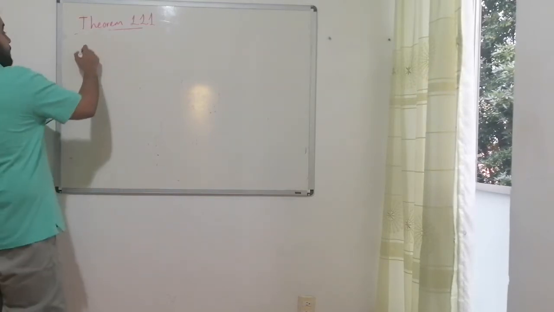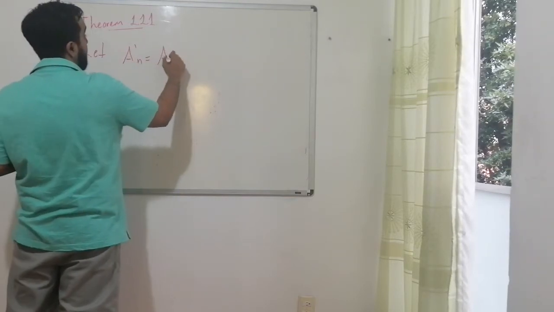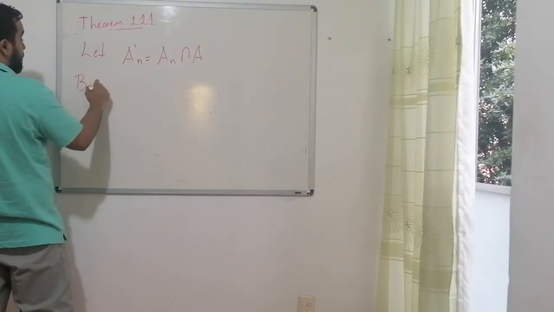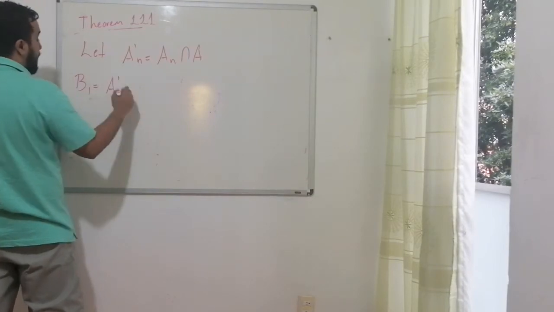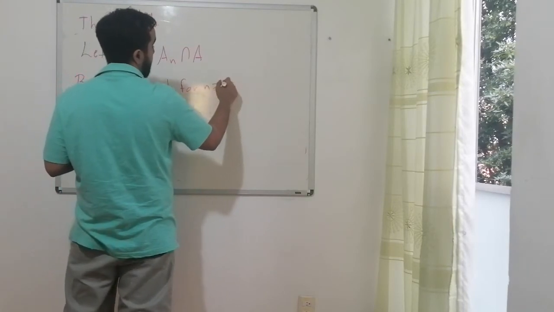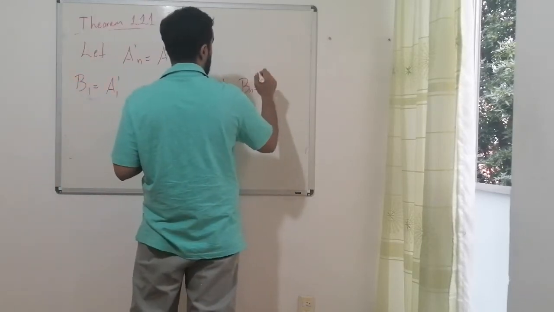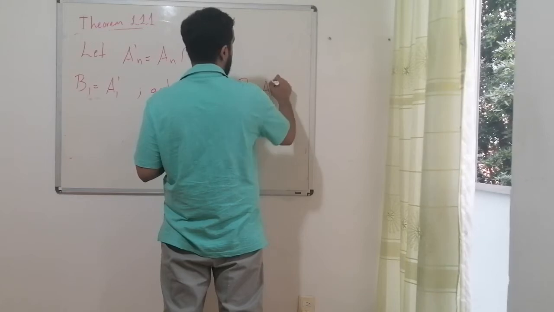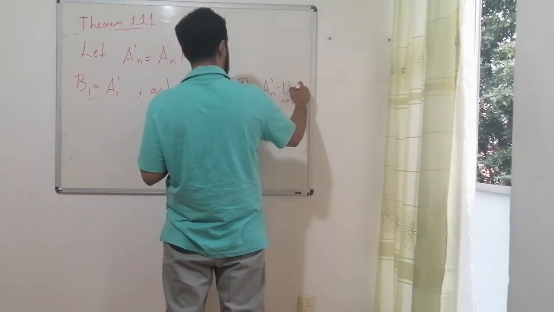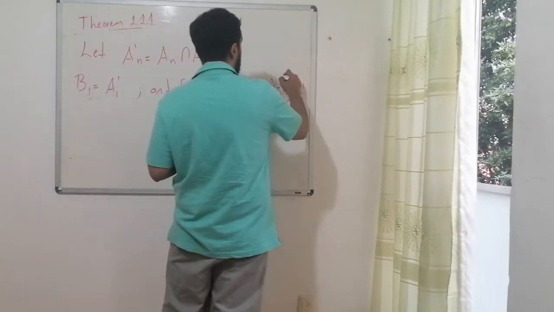For the second consequence, let A prime m equal to A_m intersection A, and let B_1 equal to A_1 prime, and for n greater than 1, B_n equal to A_n prime minus the union of A_m prime from m equal to 1 to n minus 1.